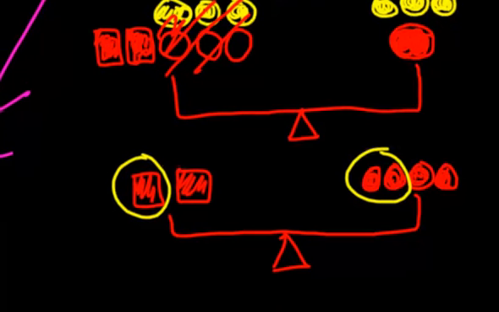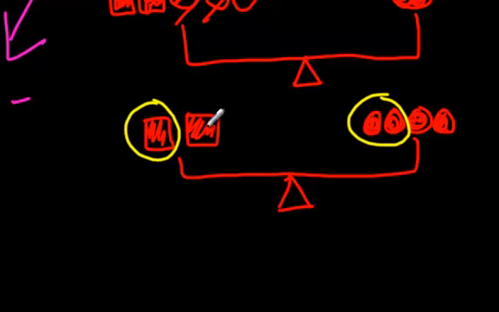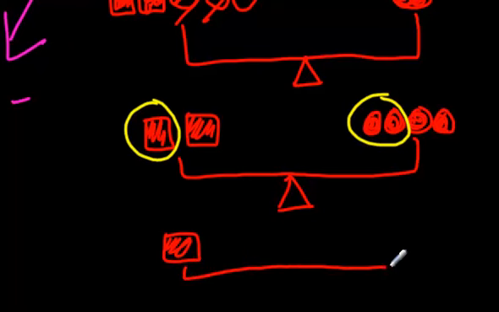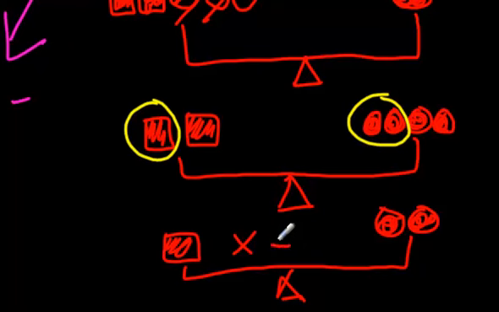And what are we left with? Well, if you divide this by 2, you're left with just 1x. And over here, if you divide these in half, you're left with just 2 circles. Okay? So the final answer, if you were to write it out, is just x equals 2.